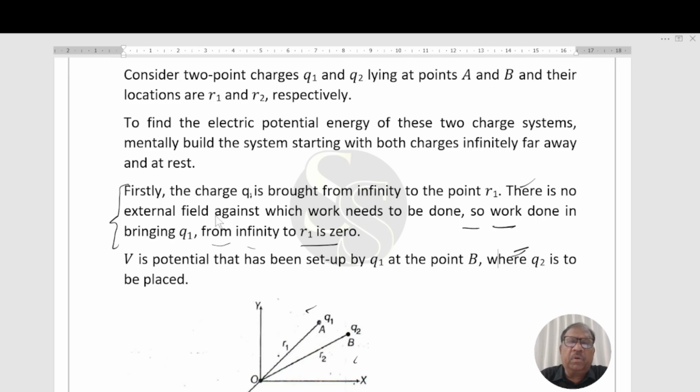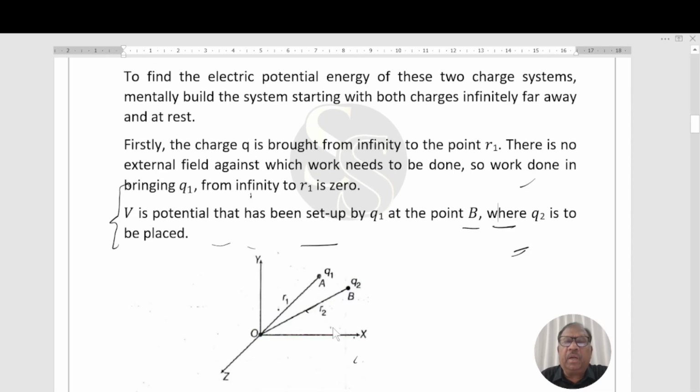There is no external field against which work needs to be done. So the work done in bringing Q1 from infinity to R1 is 0, because there is no electric field, no charges available there.